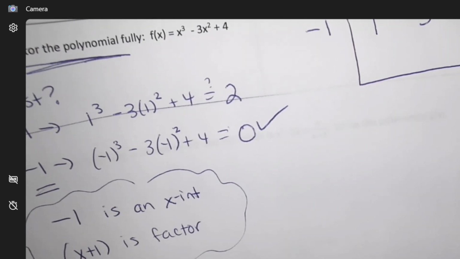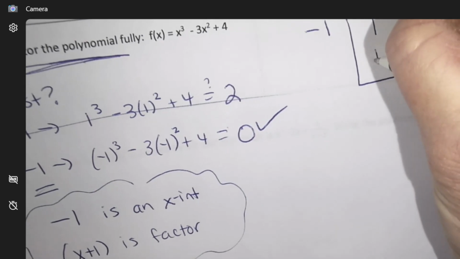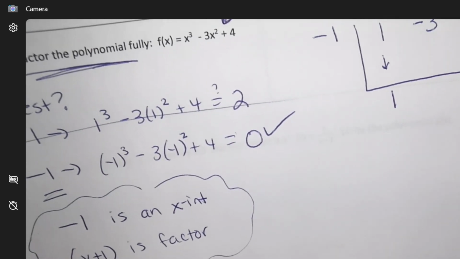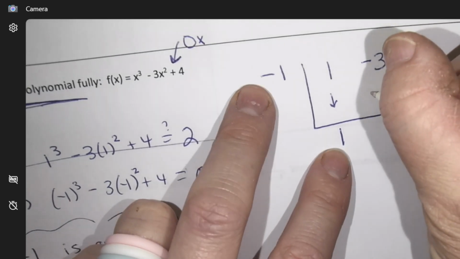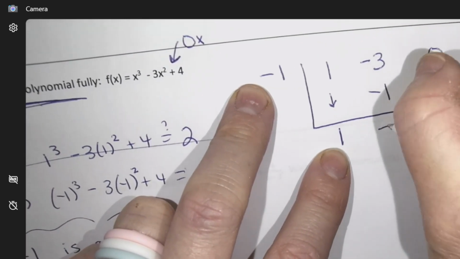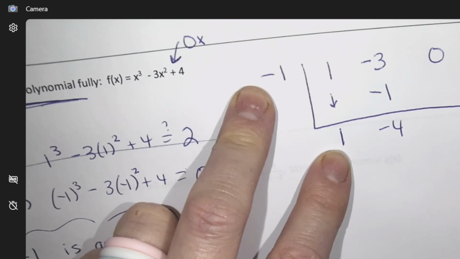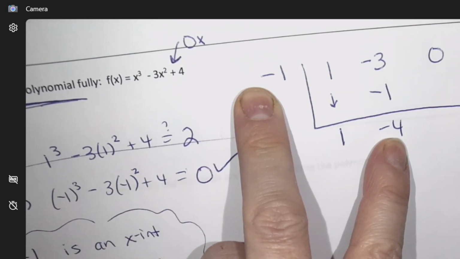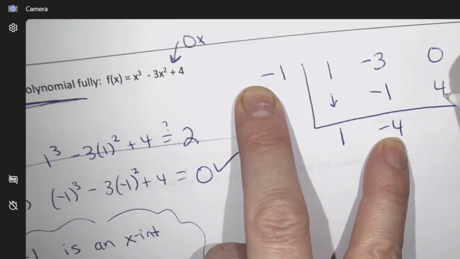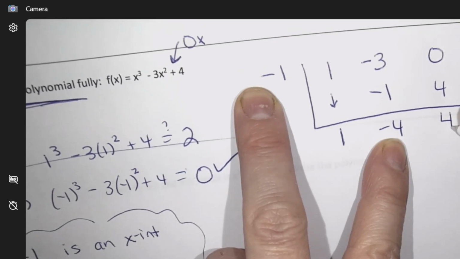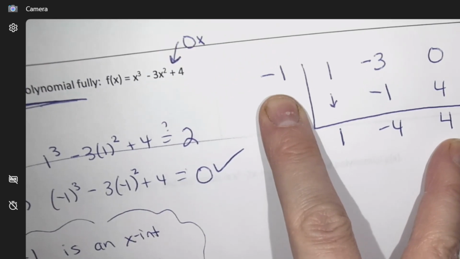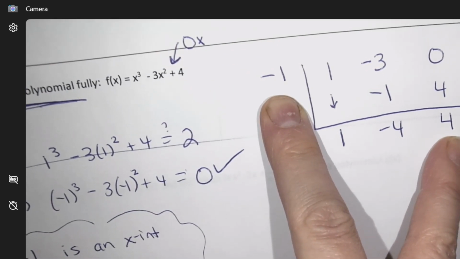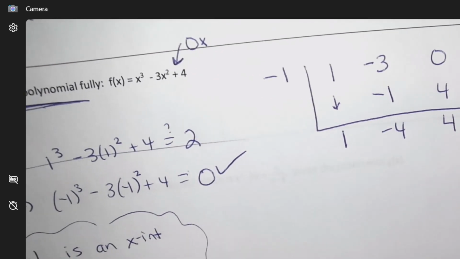We already know that this should be 0 because we tested it with a little bit of a shortcut. Okay, so here we go. Let's show that it is 0. So there's a 1, times add, times add down, times -4, add down 0, which is what we knew.